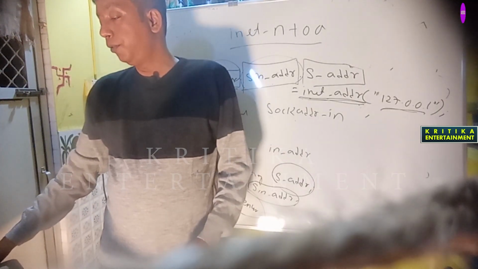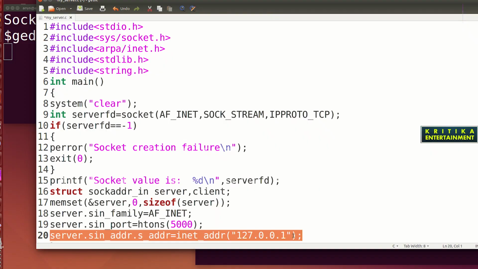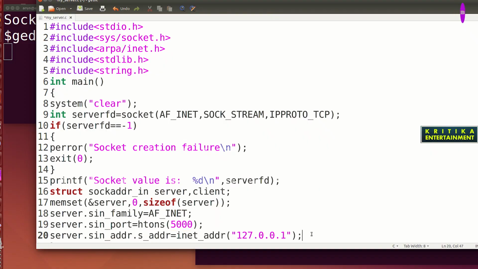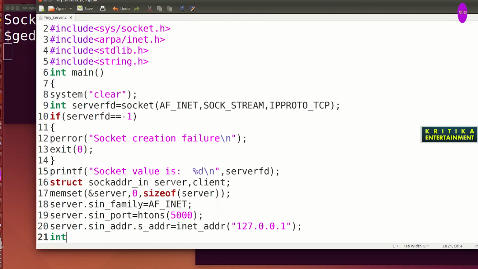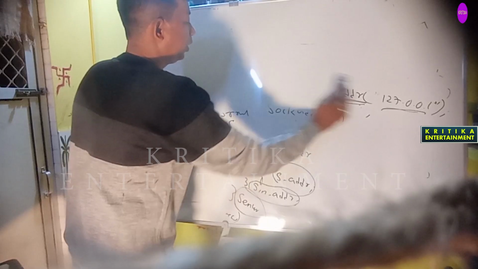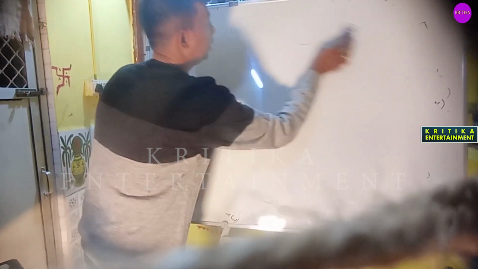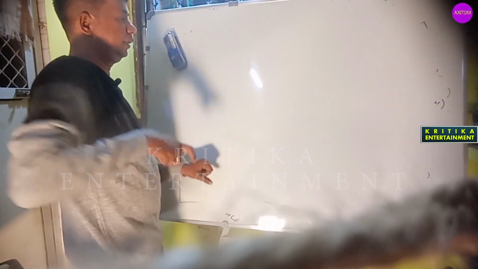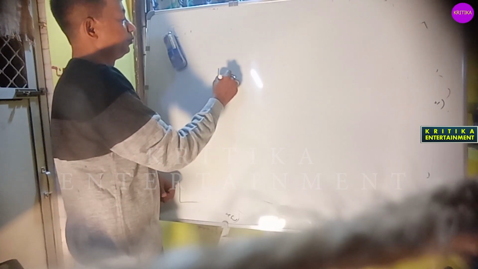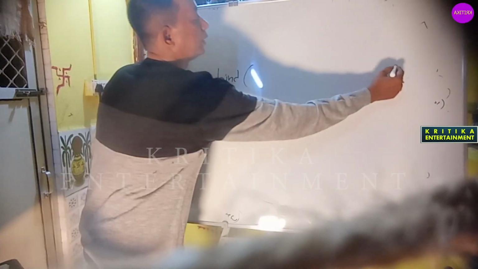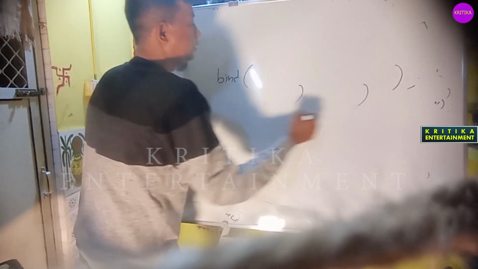Next I will use the bind function. Here I will write int b is equal to bind. Inside bind there are also 3 arguments, and I will tell you what they are.